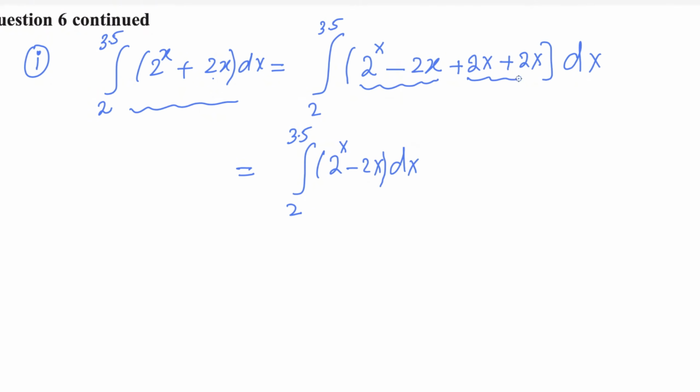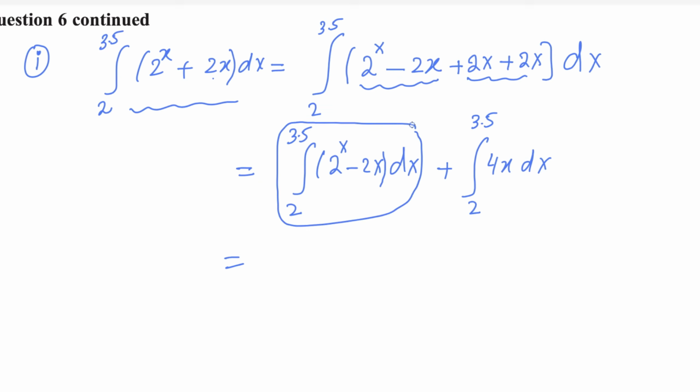And adding these two gives you 4x, so it will be 4x dx, and the limit is 2 to 3.5. We already got the answer for the first one in the last part, which equals 2.34. We'll replace this by 2.34, plus the integration of 4x, which is 4x squared divided by 2.